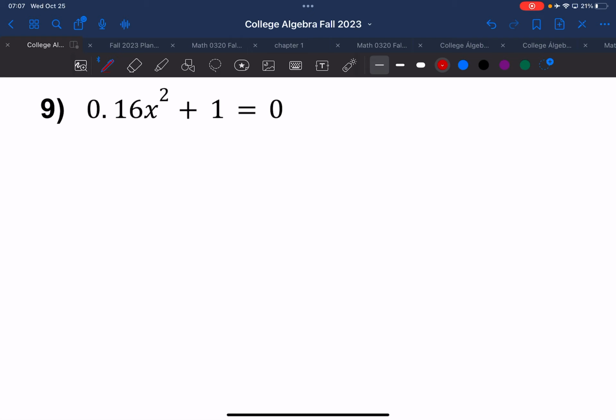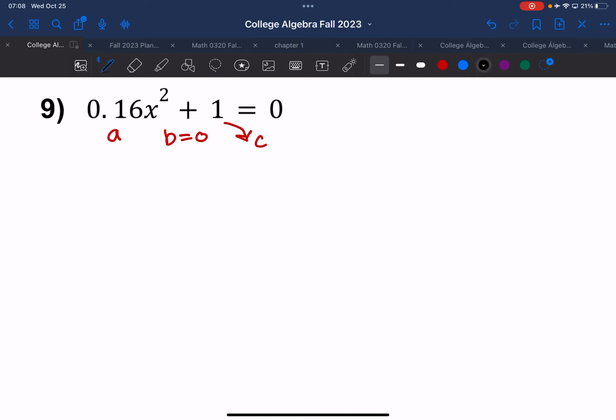What value are we missing? B. So we're going to write B as 0. So our A value is 0.16, B is 0, and our C value is 1.